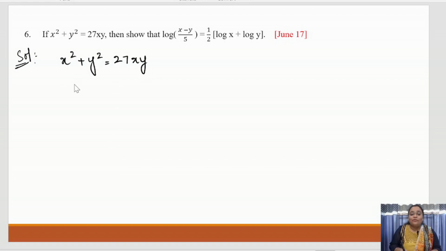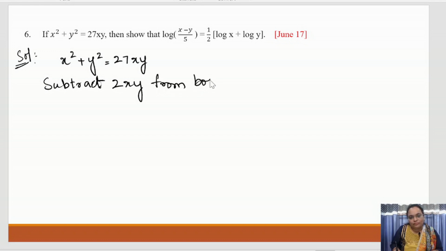Okay. So now we will subtract 2xy from both the sides. So why are we subtracting 2xy from both the sides? See the question, we need to show that log of (x − y)/5.